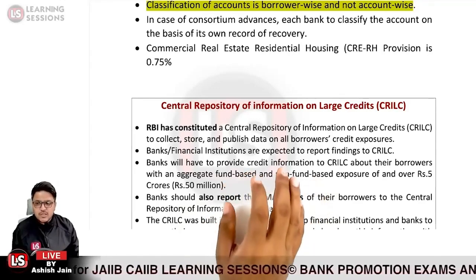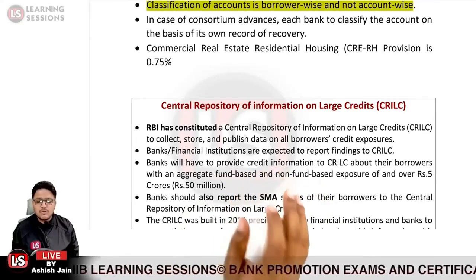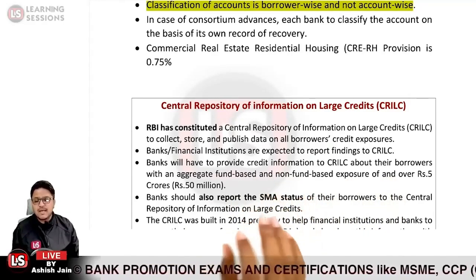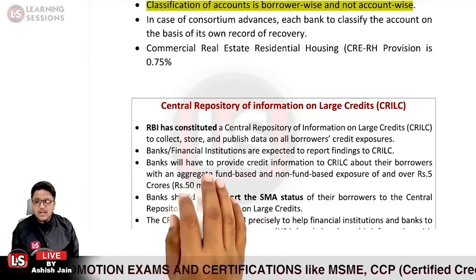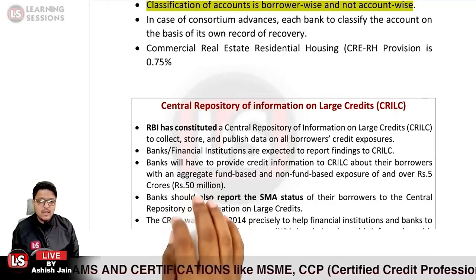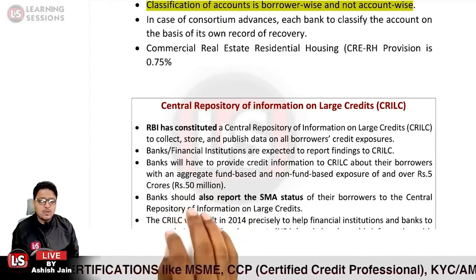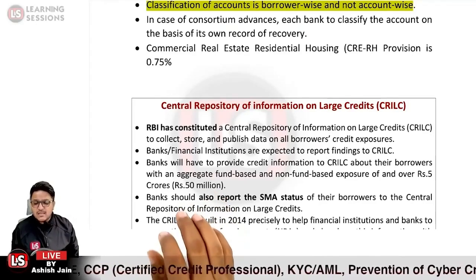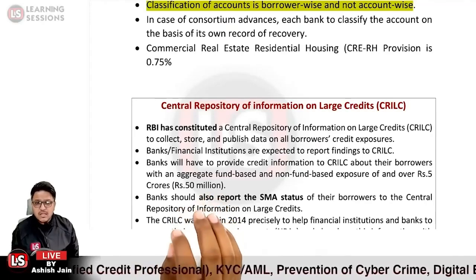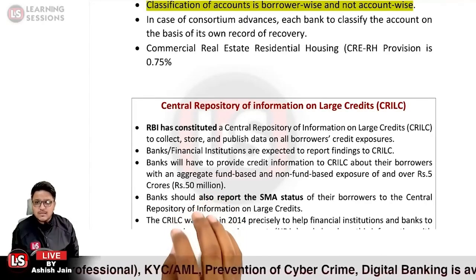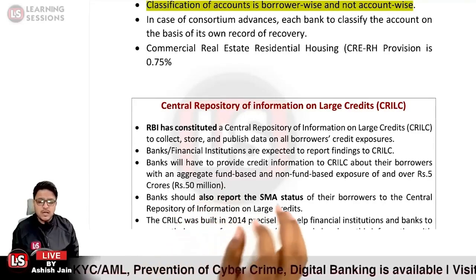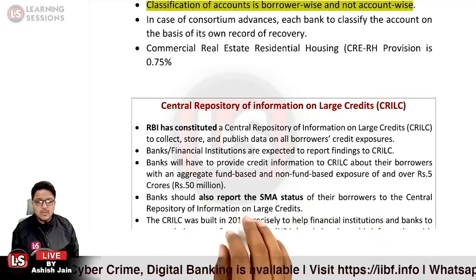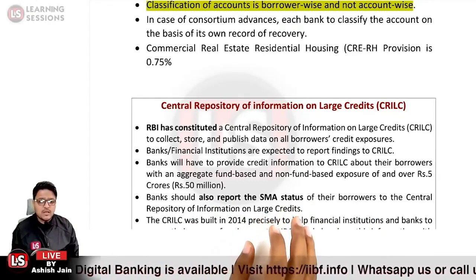So the banks and financial institutions are to report to the CRILIC the borrowers where the aggregate balances of fund based and non fund based exposures are greater than or equal to 5 crore rupees. The status of the account and all the details related to borrowers must be reported to CRILIC, and banks should also report the SMA status of their borrowers.